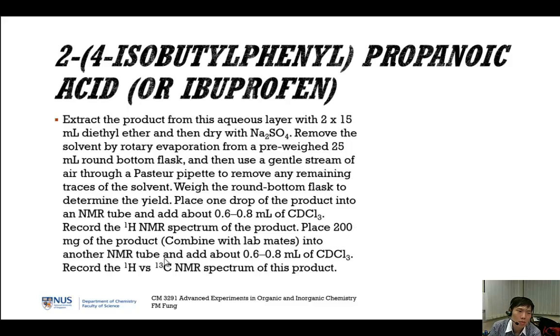Then for some of you who don't get very high yield, you can actually combine with your friends and place about 200 mg. This is more than what you need for a proton NMR because we're scanning carbon. Why do we need much more product to scan carbon NMR? It's all about the isotopic abundance, because the only carbon NMR that's active in the machine is carbon-13, and you know the carbon-13 is less than 1% abundance, so we need more of the sample to compensate for this low isotopic abundance.